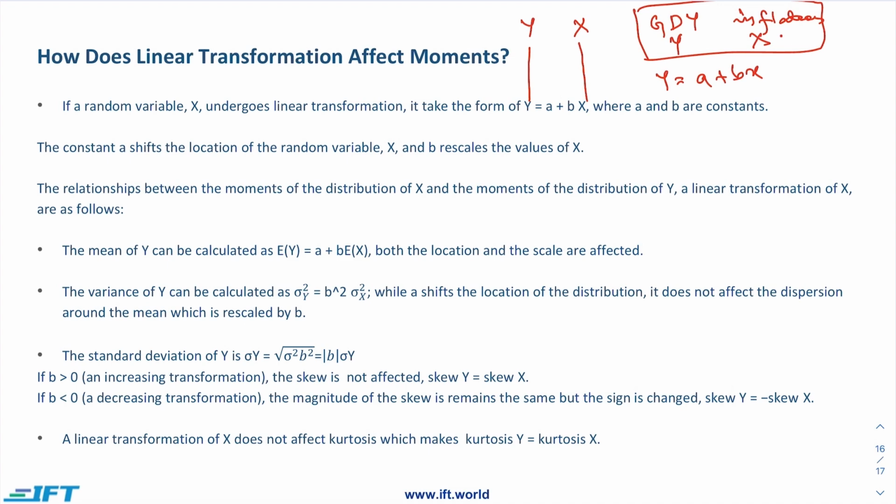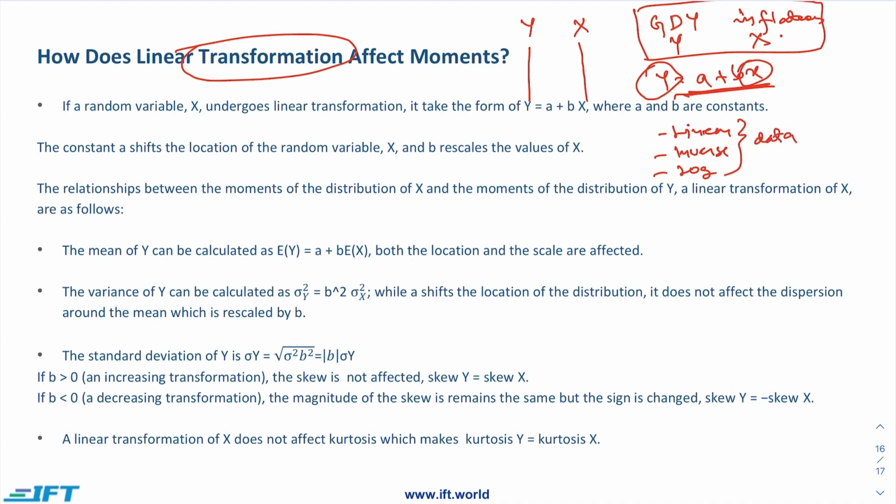If we want to establish a linear relationship between y and x, it can be developed through this equation. In statistics and probability, transformation plays a significant role. We have a linear transformation, an inverse transformation, and a log transformation.